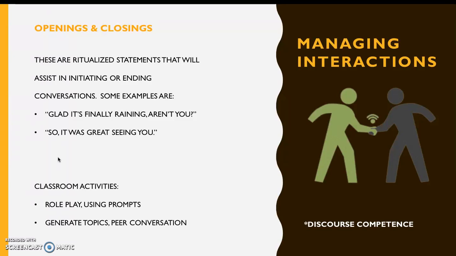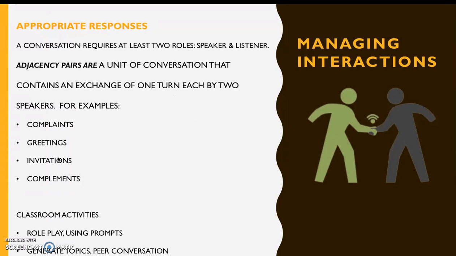This is one of the competencies behind discourse competence. Think about the appropriate responses. In order to keep a conversation going, there are two roles, a speaker and a listener. Adjacency pairs are units of conversation that contain an exchange of one turn each by two speakers. So think about it.